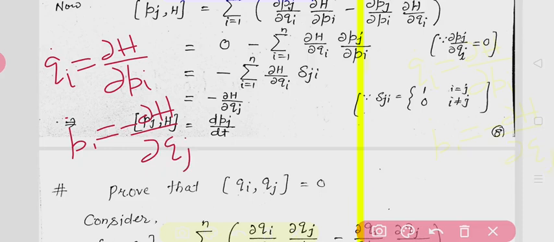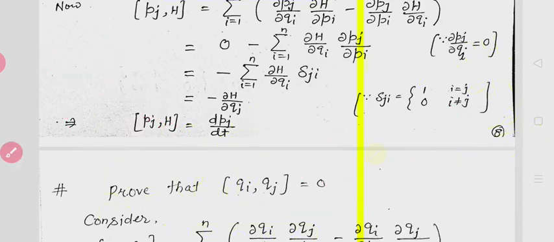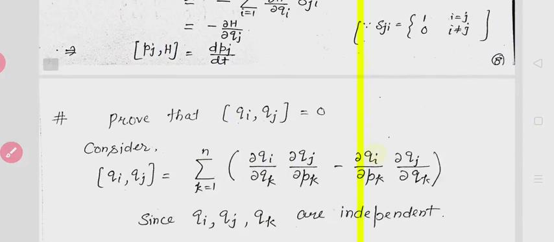But here I define that qi dot is equal to the Poisson bracket of qi and h, where H is the Hamilton function, and pi dot will be equal to the Poisson bracket of pi and h. These are the equations we just defined in terms of Poisson bracket.